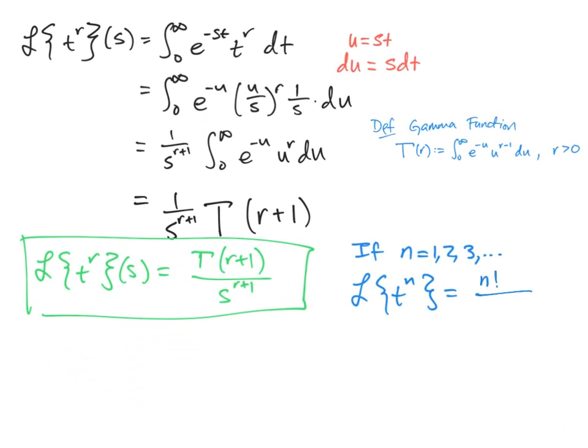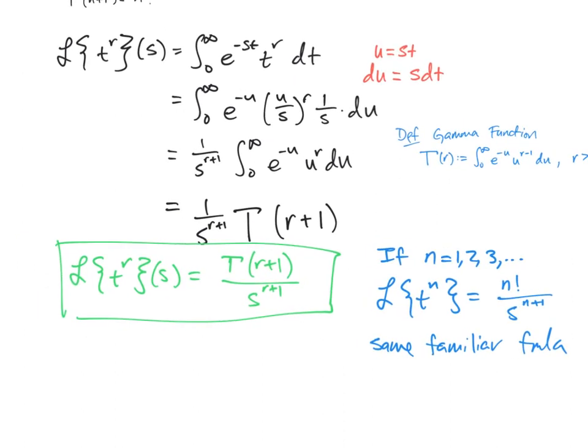So n factorial over s to the n plus 1, which is the same familiar formula. So this is, again, just a generalization, but now it applies for any r greater than 0. Okay, and so there we go. That's it. Thanks.